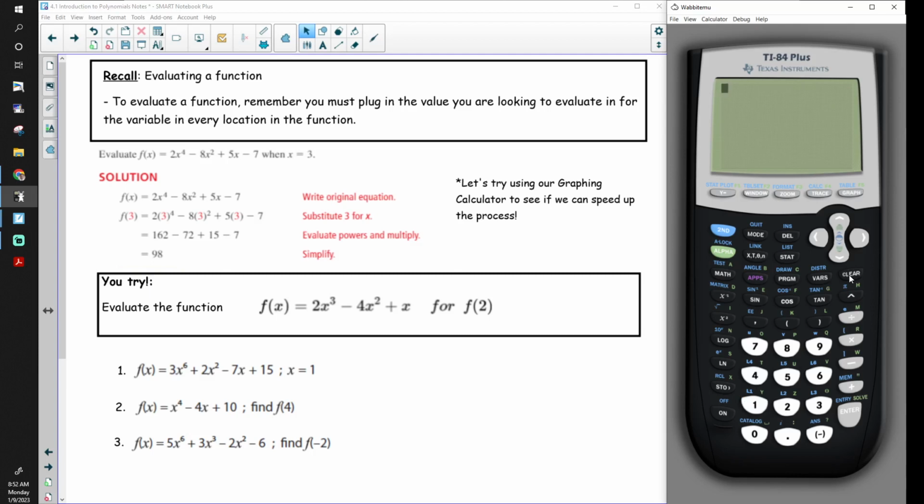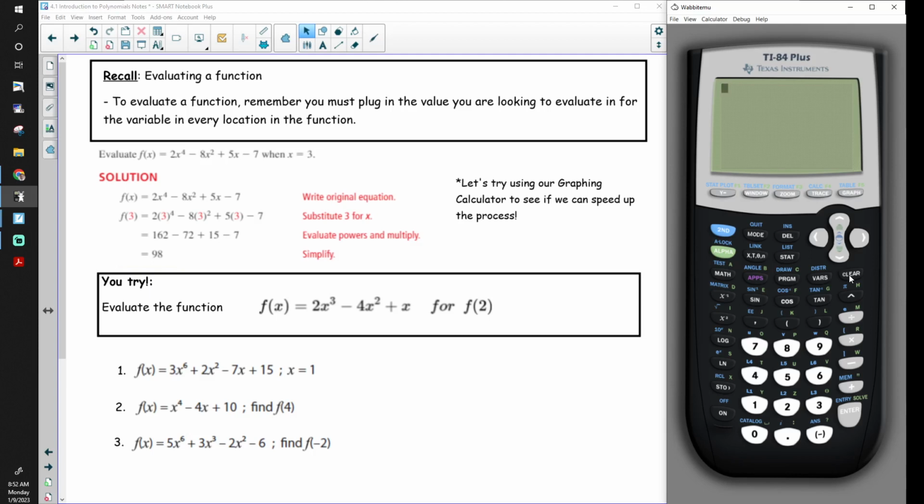The last thing we're going to quickly review, which you have done before, probably even before Algebra 1, but definitely in Algebra 1, is evaluating a function. So we need to be able to take a polynomial and plug in a number for all of the x. I put an example of how you would do it by hand. I know it's small here, but you should be able to see it on your paper.